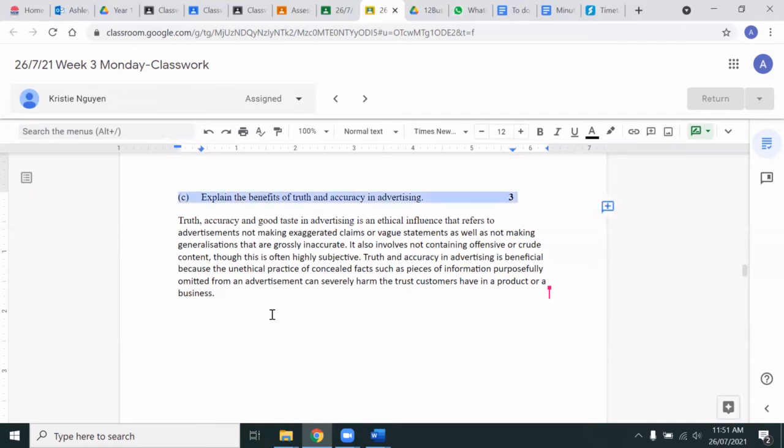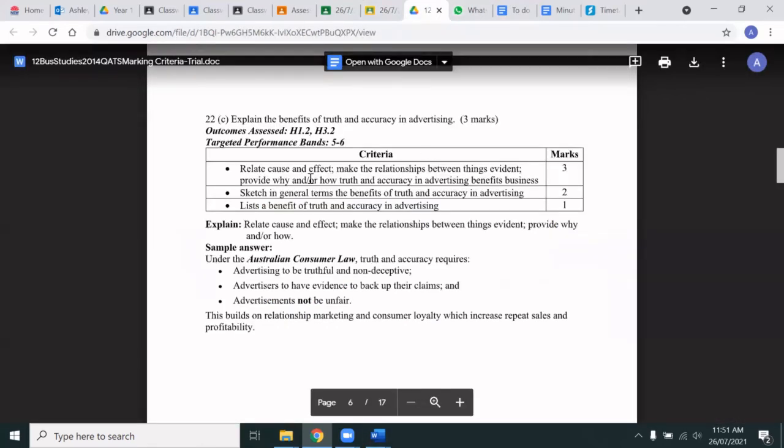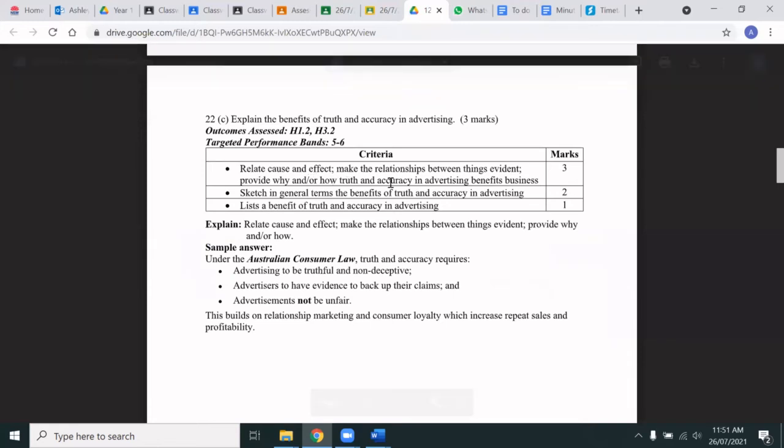You didn't say what are the disadvantages a little bit. All right, so if I go to the marketing criteria, relate cause and effect, make the relationships between things evident, explain why, how truth and accuracy benefits the business. You didn't have that. Sketch in general terms the benefits.